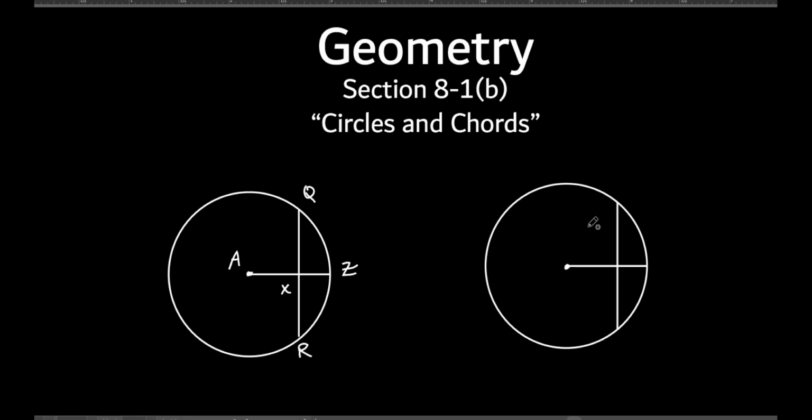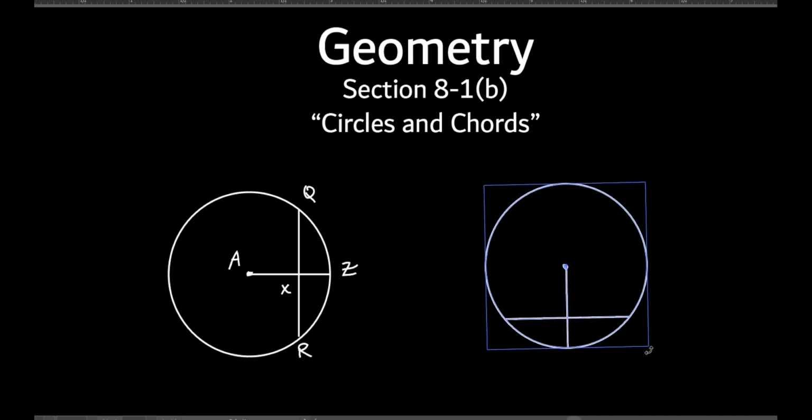Does that mean I changed the length of the radius or anything? No, I just turned it a little bit, no big deal. And this is B and Y and U.